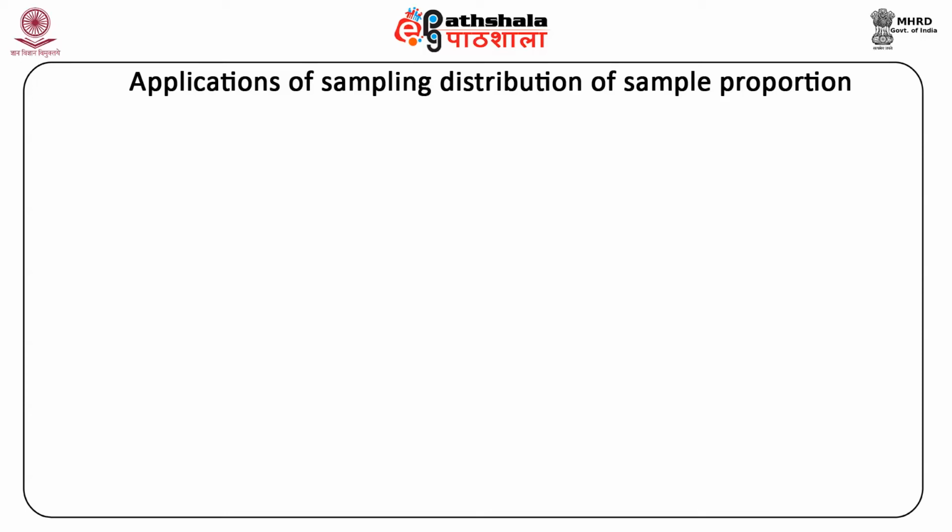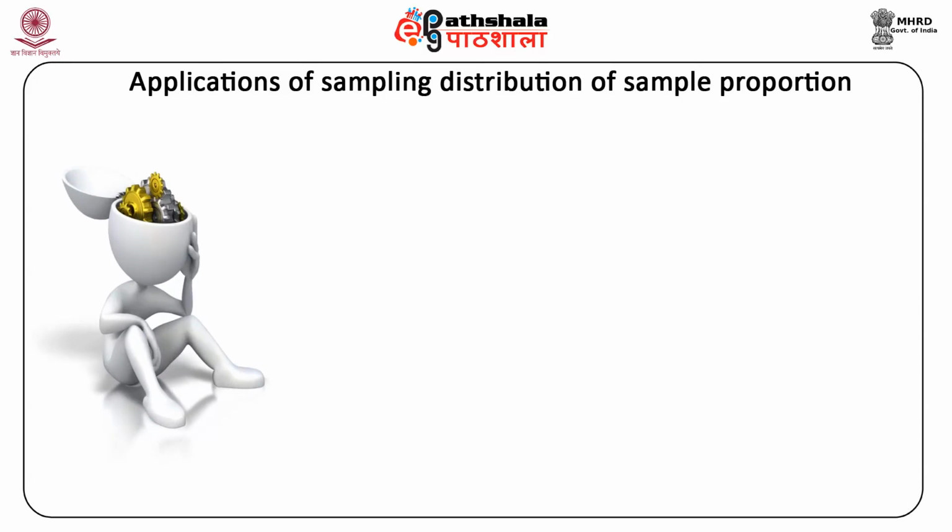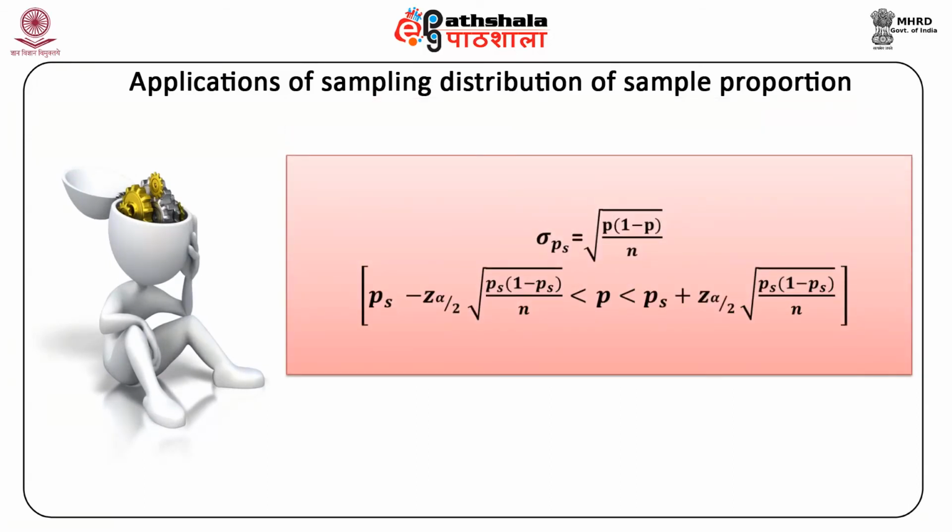Analogous to the sample variance distribution, the sampling distribution of sample proportion can be used to draw inferences relating to the population proportion parameters.